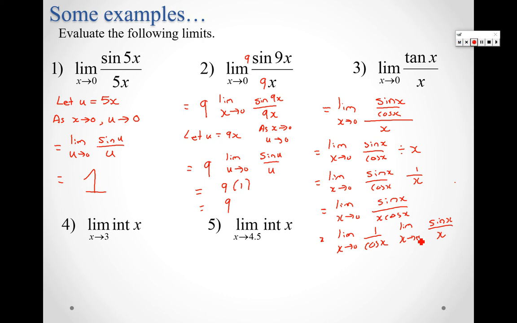Now, the reason sub doesn't work on sine x over x is when you put 0 in there, you get 0 over 0. So now I've given you a new weapon today, which is, I can't deal with all the 0 over 0s, but you've got these choices when it's 0 over 0. You've got factoring. You've got rationalizing. You've got u substitution. You've got absolute value. And if it happens to be sine x over x, you know the answer is 1. So this part I can do. Not by substituting, by knowing that this is a 1.